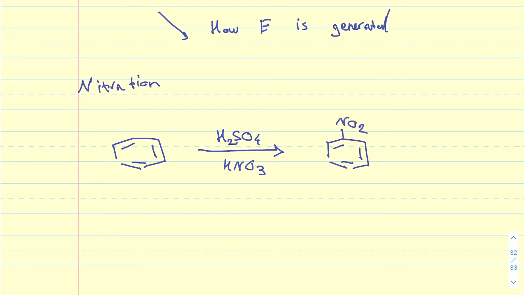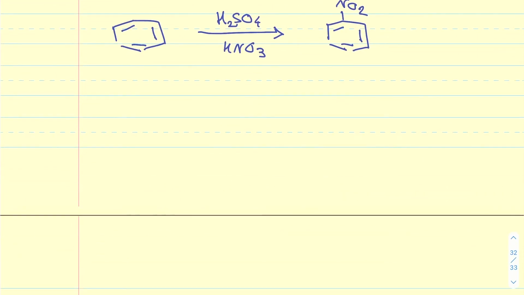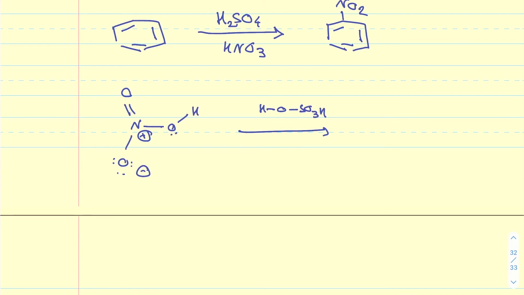Now, how does that reaction work? Well, sulfuric acid is a very strong acid, even strong enough to donate a hydrogen to nitric acid. So what sulfuric acid will do is donate a hydrogen to this oxygen of nitric acid, converting this OH into a pretty decent leaving group.